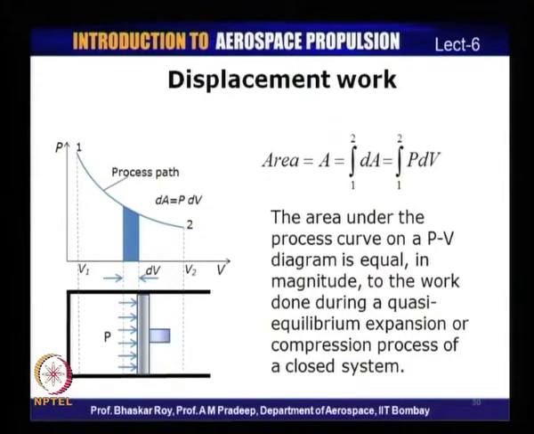Therefore, the area under the curve in a PV diagram should be equal to the work done during this process, which obviously is quasi equilibrium or quasi static, and the process may be either a compression process or an expansion process. Therefore, if we can plot the pressure versus volume diagram for a particular process, we can calculate or determine the work done during the process simply by measuring the area under the PV diagram, and therefore, for any work interaction process, a PV diagram plays a very significant role in analysis of work interaction.